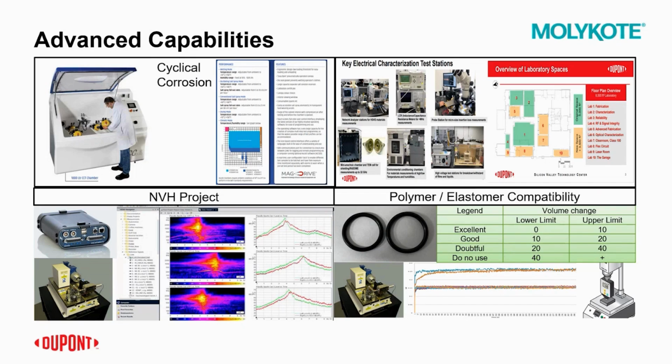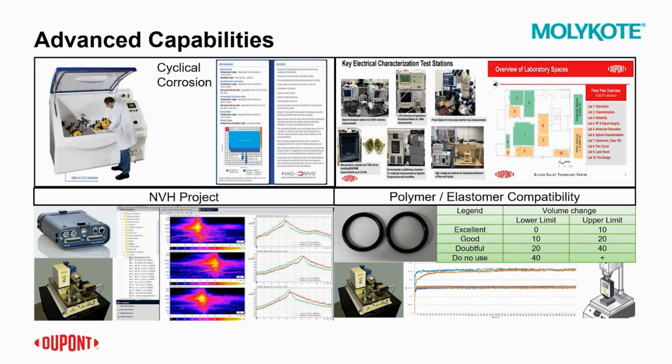Essentially what these capabilities allow us to do is to test and model specific products for more specific applications to provide tailored solutions. For example, if we're looking to find a grease for an oil and gas application specifically, cyclical corrosion becomes a more critical test method in order to find tailored solutions to applications requiring resistance against water washout, corrosion mitigation, crevice corrosion mitigation, or whatever application issues you would see in those specific markets.